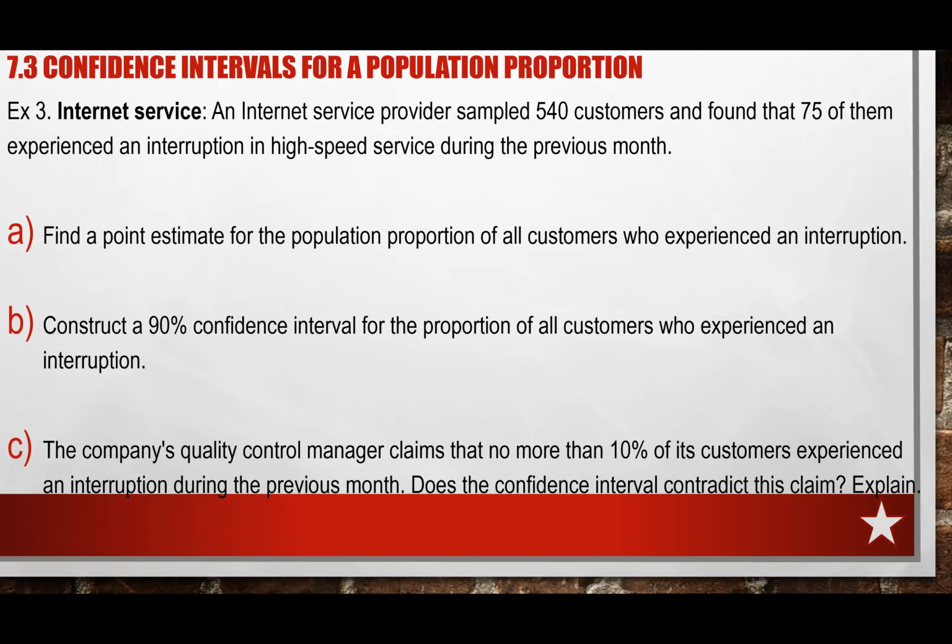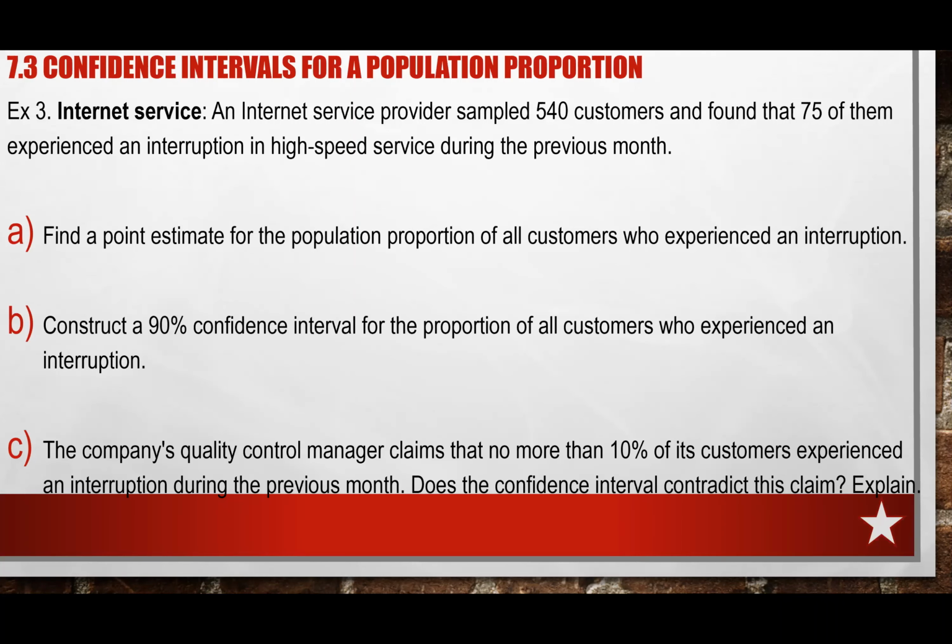Part A, part B, and part C are very similar to the previous one. Find a point estimator for the population proportion, construct a 90% confidence interval for this proportion, and then they ask whether the manager's claim of no more than 10% experiencing interruption is true. Can we prove it, or does it contradict?